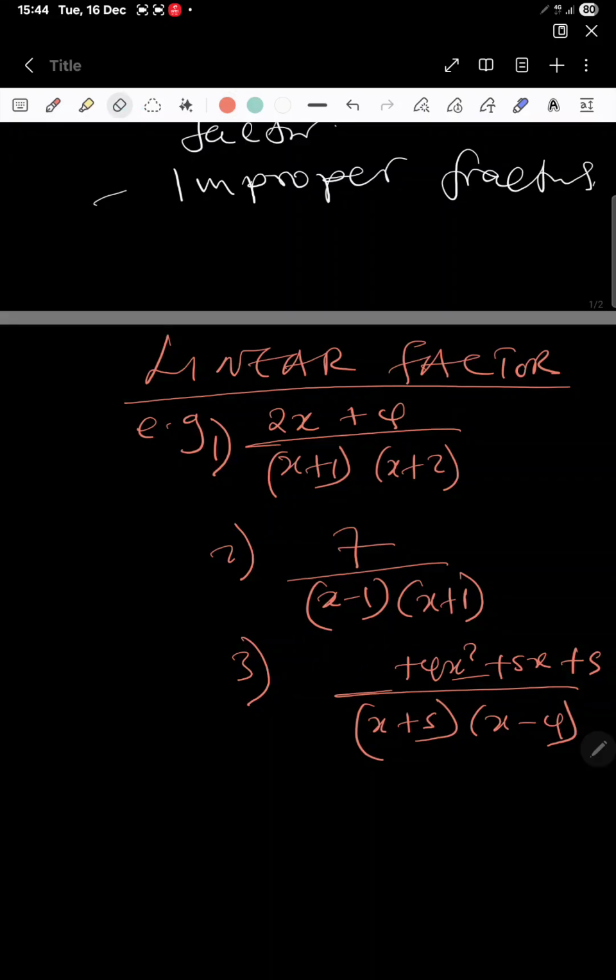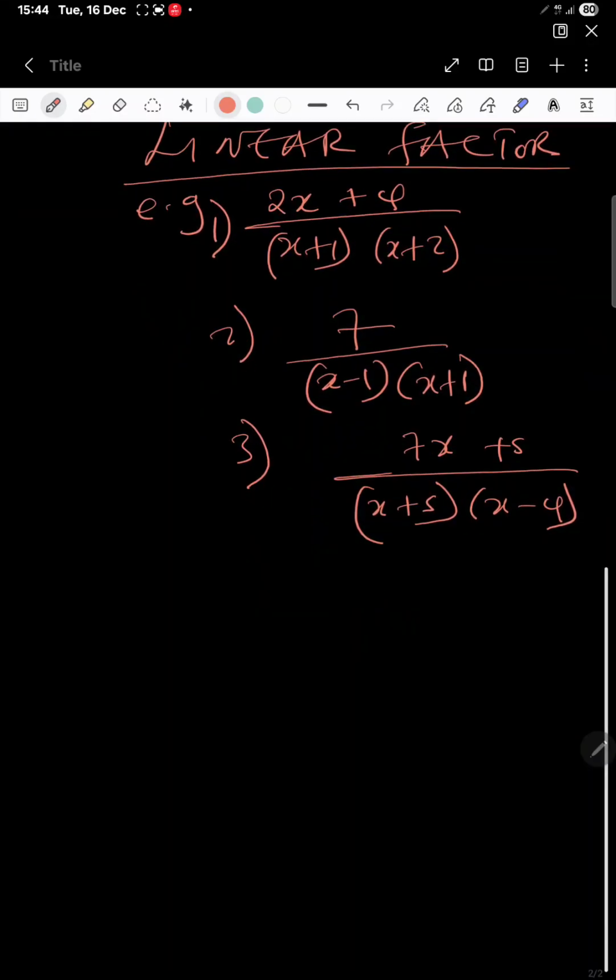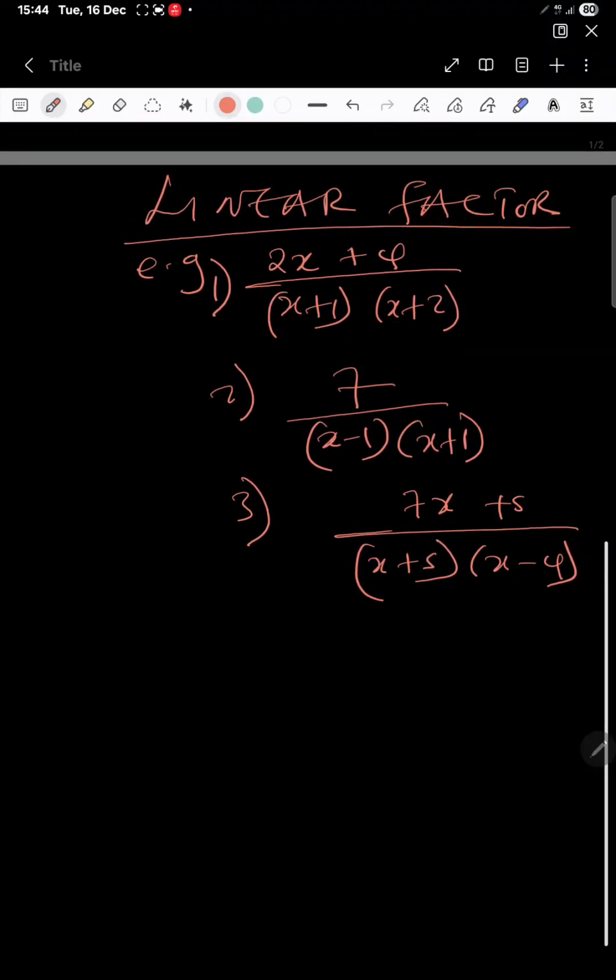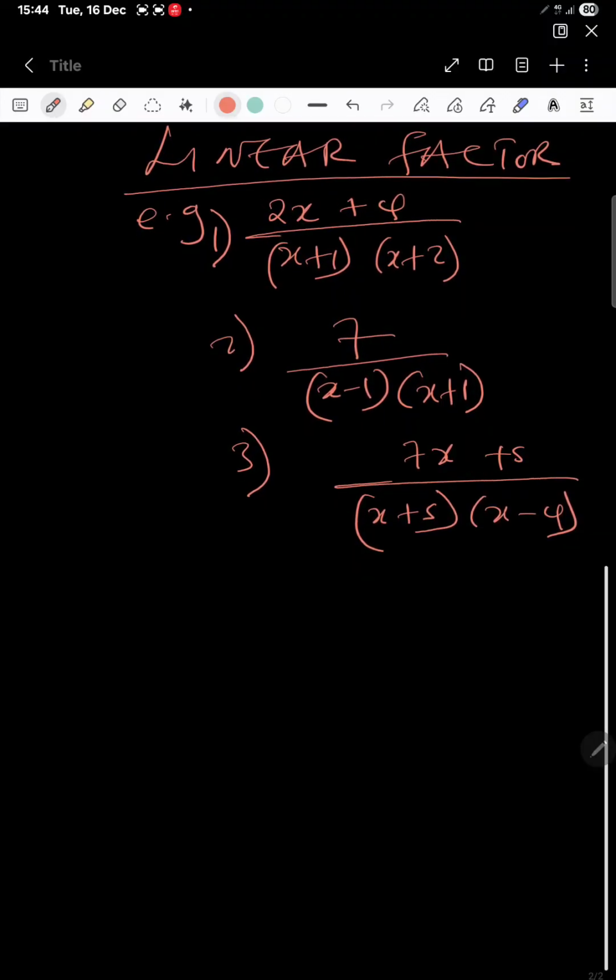Let me remove this so that I make it simple. All right, so this is what we call 7x plus 5 over these linear factors. This is how you know that this is a linear factor partial fraction.